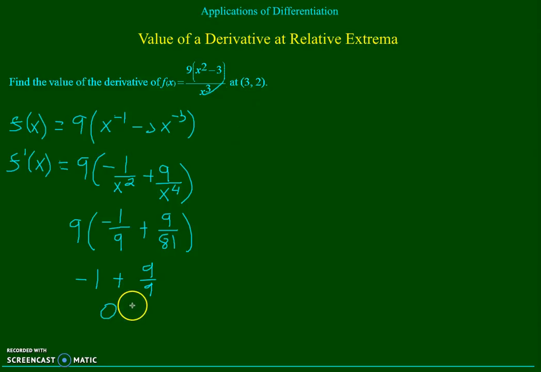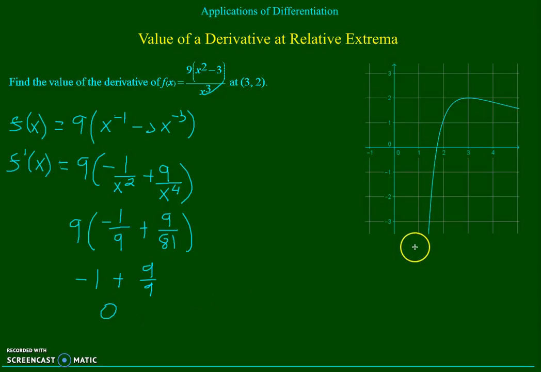And if we take a look at a graph of this, what we're actually dealing with at 3, 2 is that the tangent line to the function is horizontal. Now, remembering that the derivative gives us the slope of the tangent line, you can see that the slope of the tangent line from this point all the way up to this point is positive.